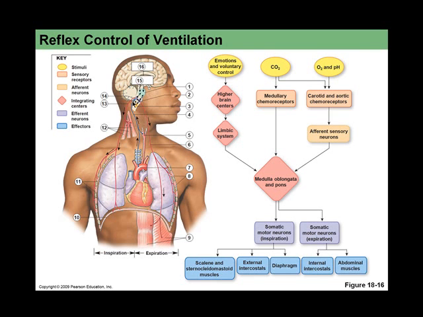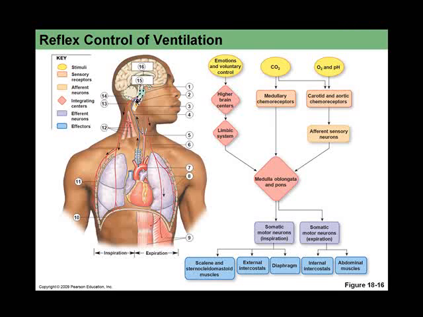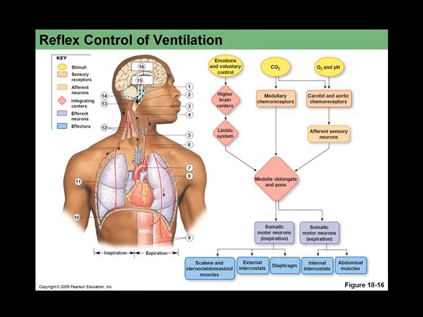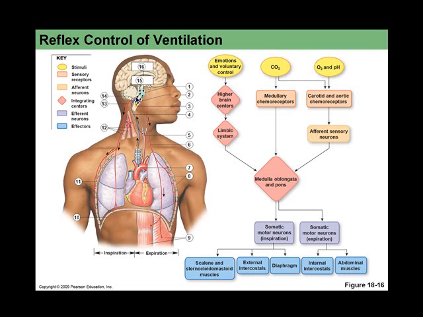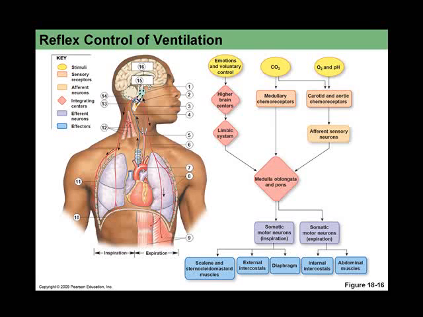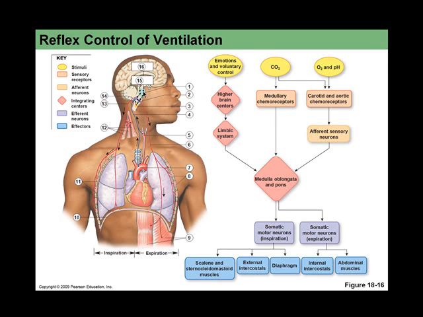And that sensory information, actually both the pressure and the chemosensory stimuli, converge in the dorsal medulla region, an area called the nucleus tractus solitarius, the NTS. So we'll begin to build on these as we proceed.